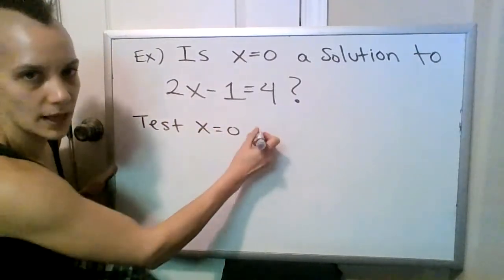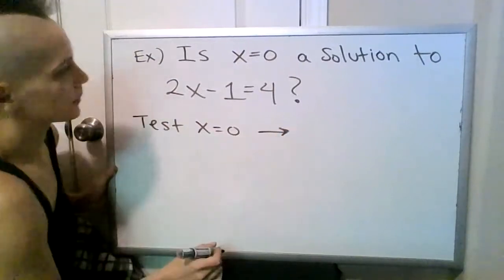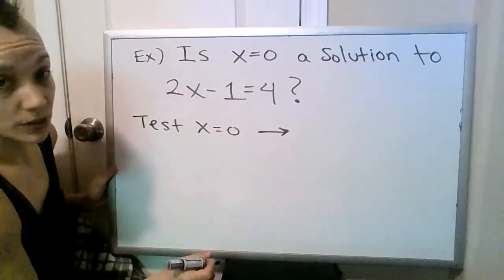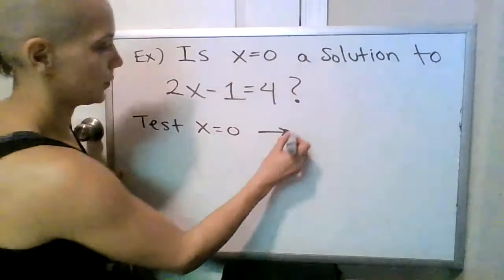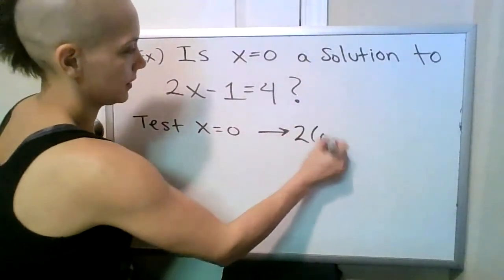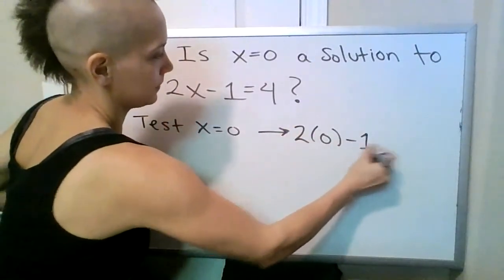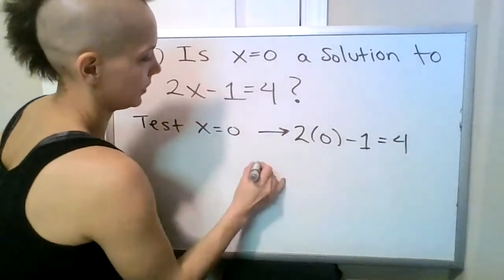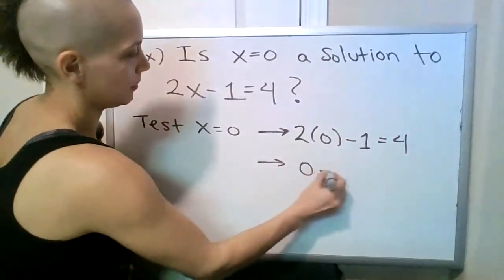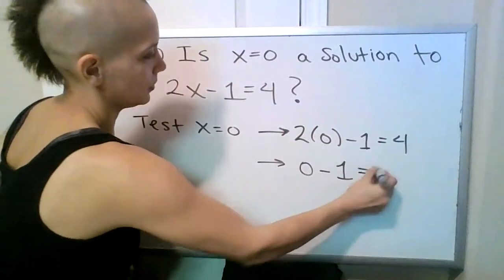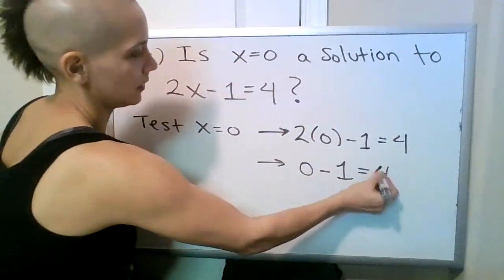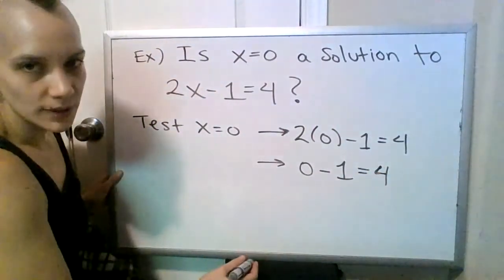So x equals 0, then you have 2 times 0 minus 1 equal to 4. So you're looking at 0 minus 1 equal to 4. Is negative 1 equal to 4?